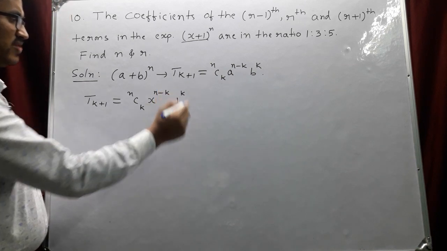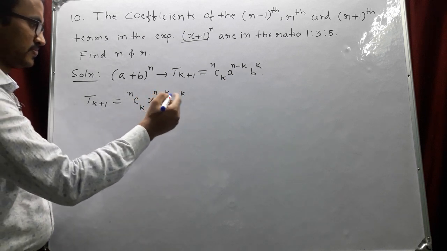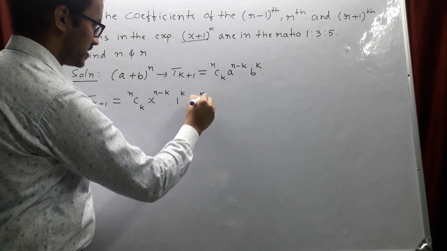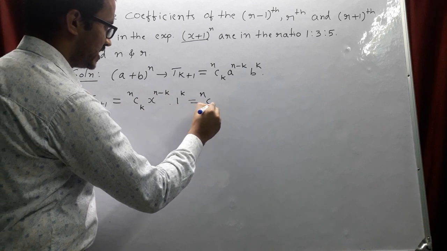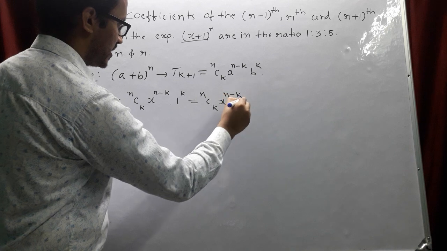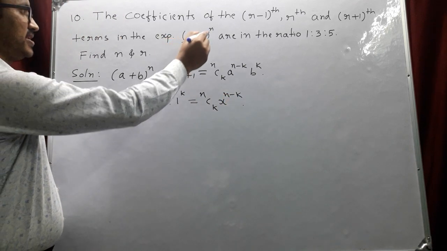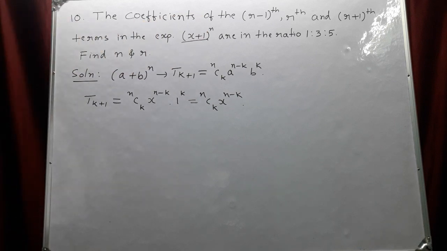So 1 power k will be 1 as k is a positive integer. So we can write nCk x power (n−k). This is the general term in the expansion of (x+1) power n.